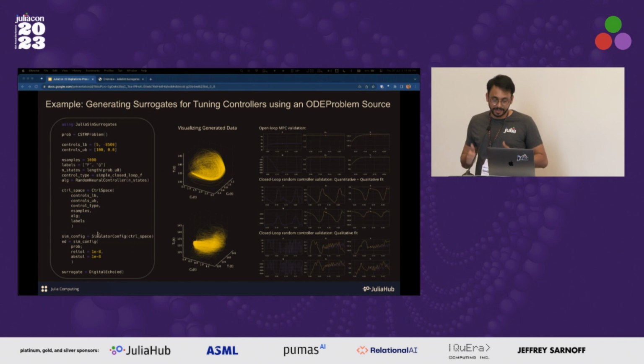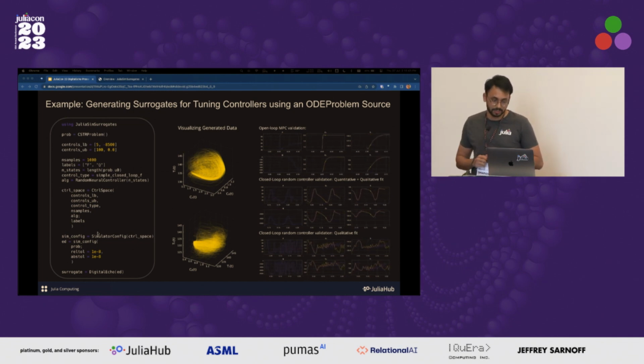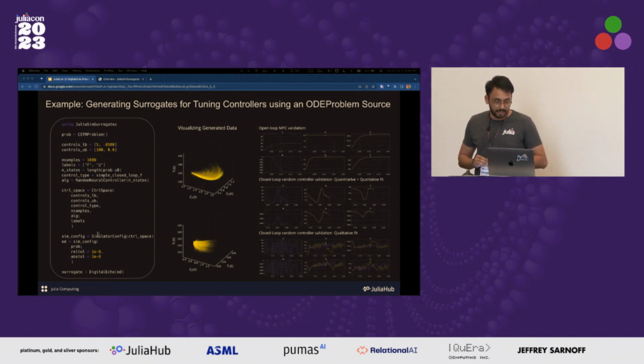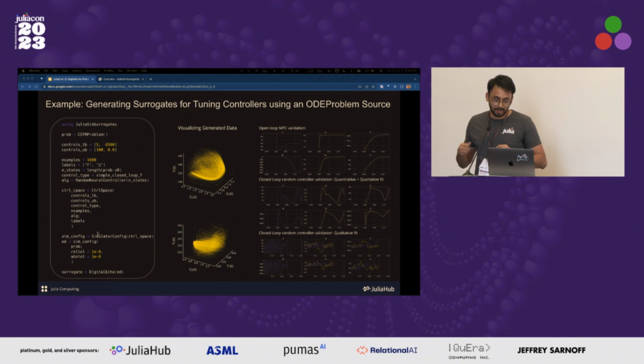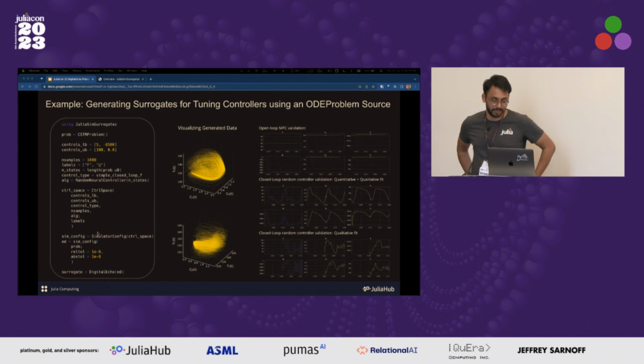Then we take care of running parallel jobs, thousands of parallel jobs, and generating thousands of data samples which are required for the surrogate, right? And all of this is done by using the JuliaHub platform, where we are able to run these massively parallel jobs in a much more scalable way.